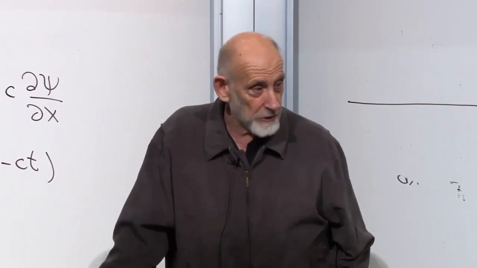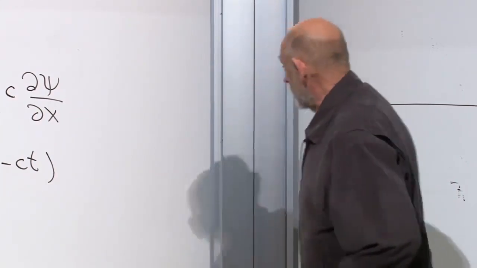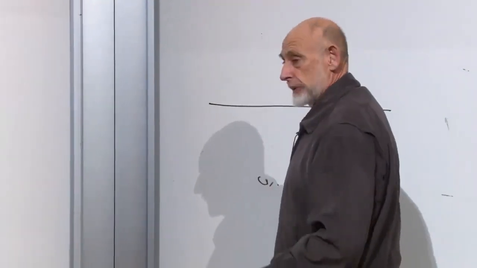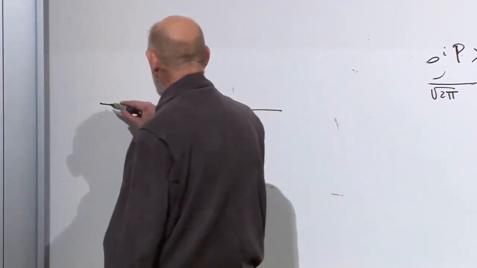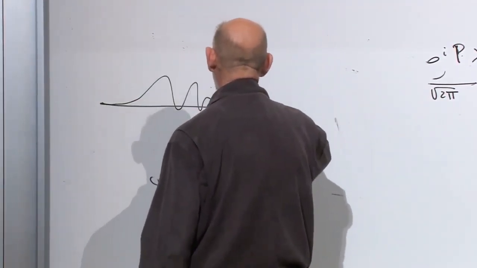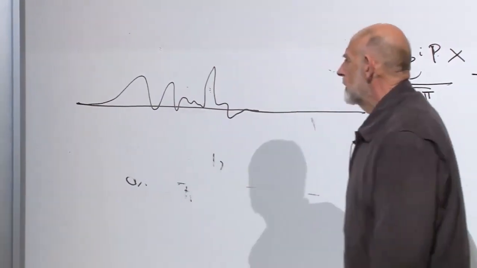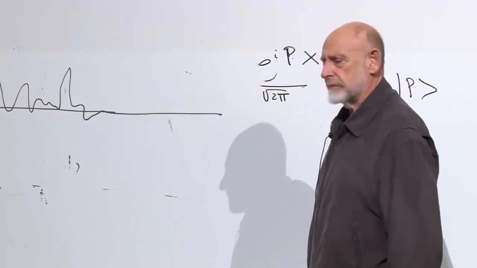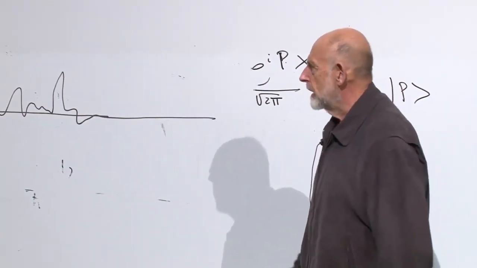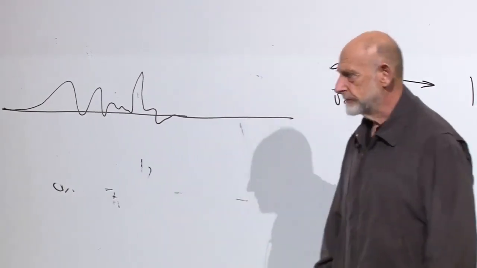So the integral of psi star psi should be finite, equal to 1. They shouldn't blow up, or they should fall to 0 nicely so that we can integrate them. But they can do whatever you like. Some sort of lump. It can oscillate, may or may not oscillate, and it's rather general.